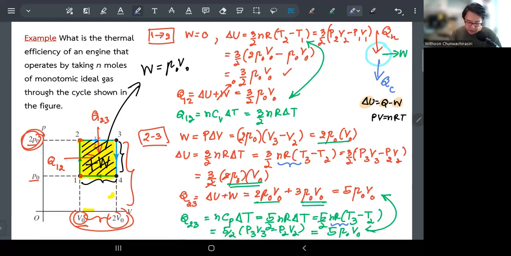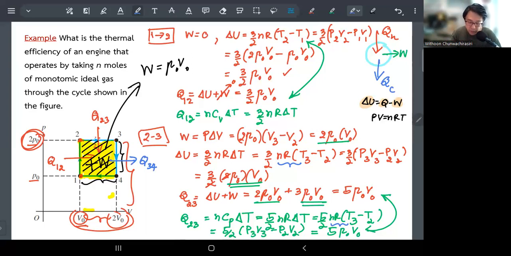Look at this. Going from 1 to 2, you draw in heat. The heat flows into the system. From 1 to 2 you go up, 3 to 4 you go down. So you can guess the heat in segment 3 to 4 is going to be heat flowing out. With the same reasoning, going from 2 to 3 is an expansion at constant pressure, and you draw in heat.